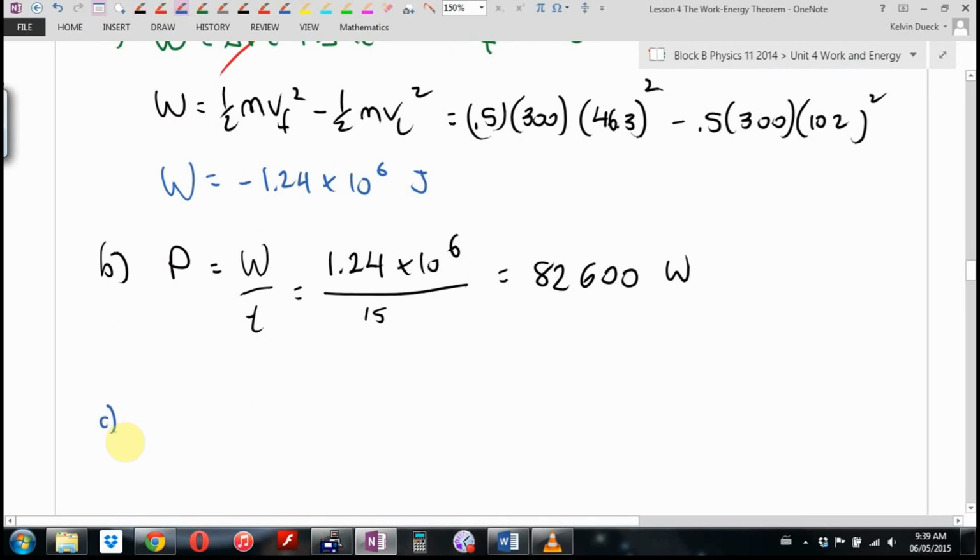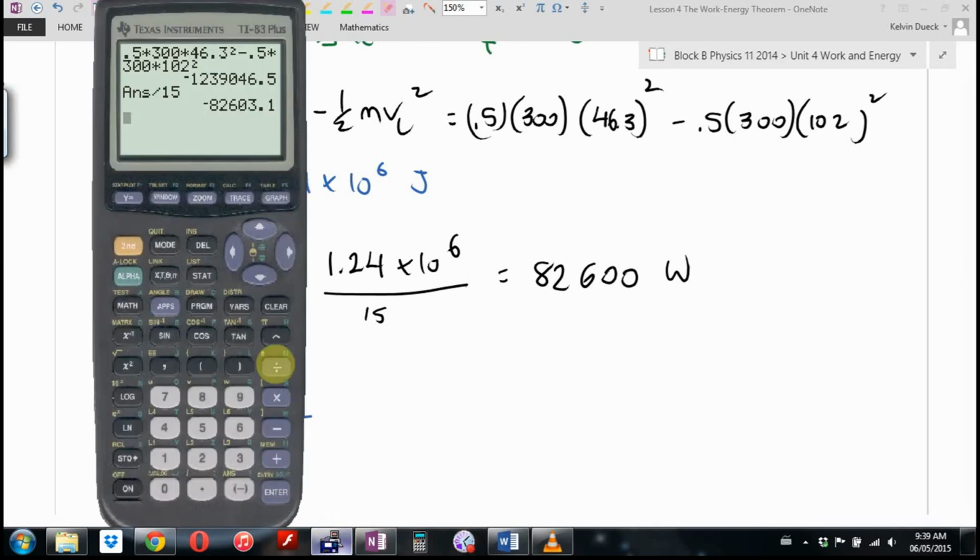How long could you power a 60-watt bulb from that? Well, time is work. Sorry, let's do it this way. It's going to be 82,600 divided by 60 watts. Is that going to be time? That's going to tell me how many 60-watt bulbs I could light. How can I get a time out of here? Well, let's divide it by 60 first of all.